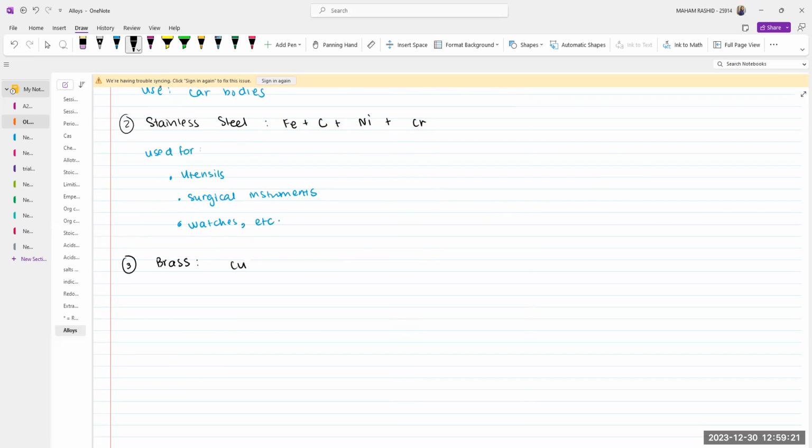Brass is a mixture of copper and zinc. And this is used for machine bodies.